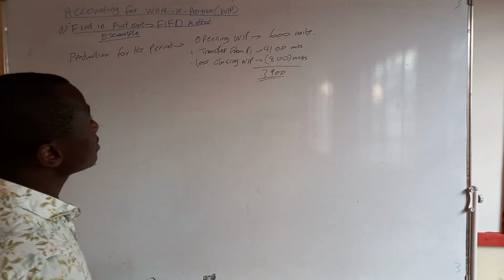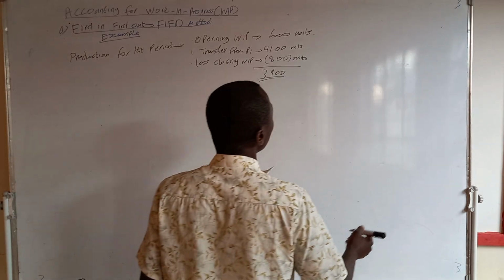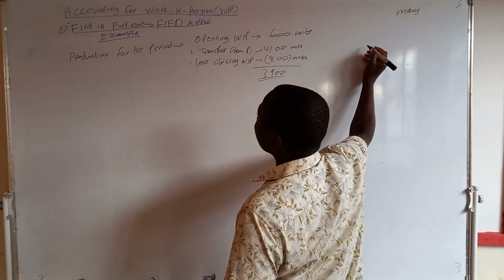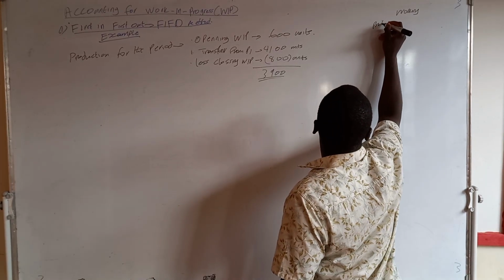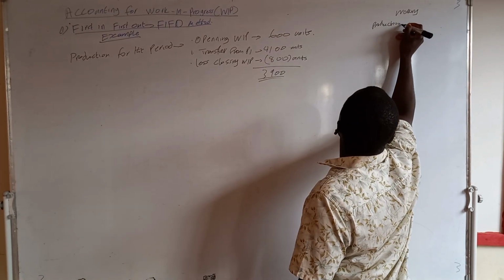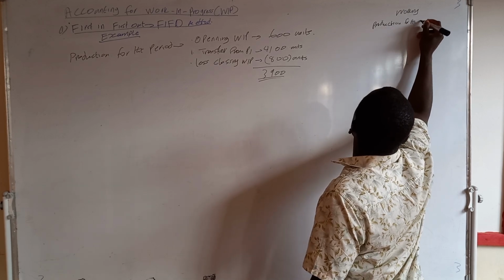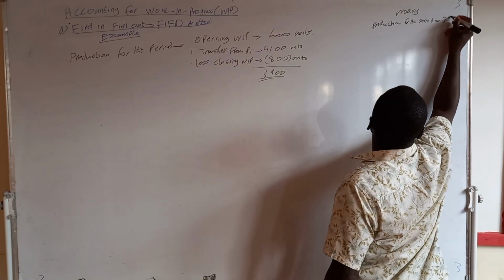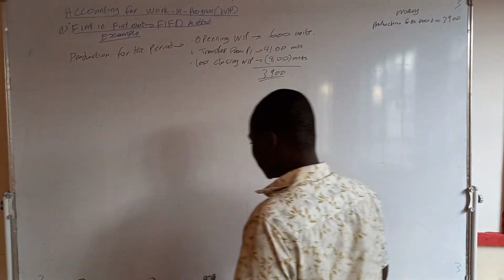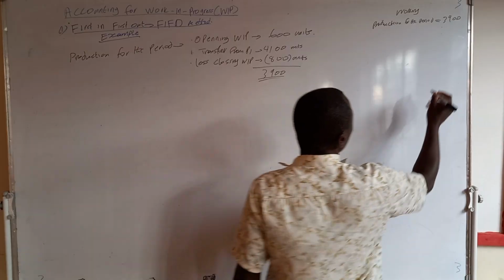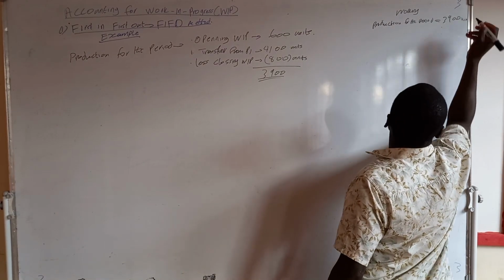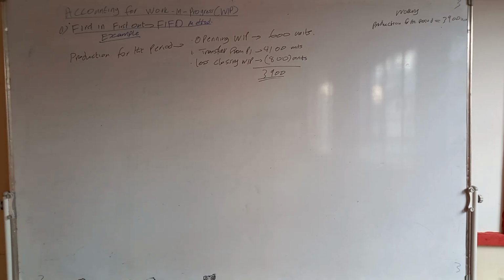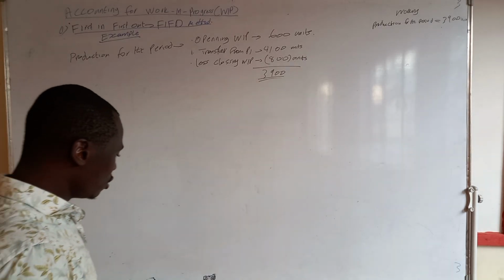Now this one you can write somewhere. So let us say this is working here. So we have production for the period, 3,900 units. Now we were told about loss.